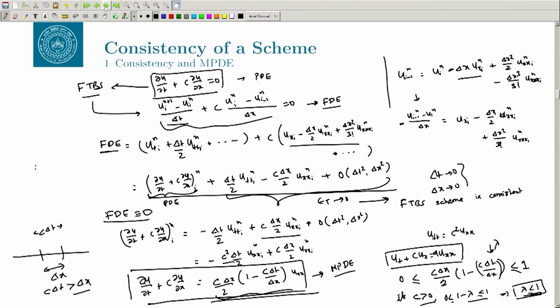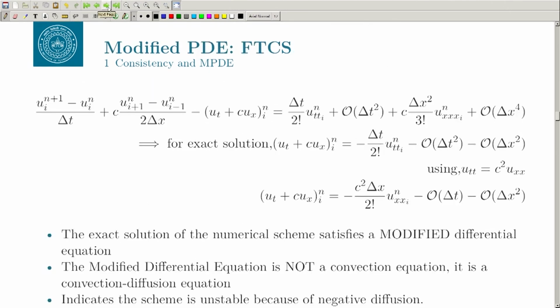So, the modified partial differential equation is basically the exact solution of the numerical scheme. It is not the exact solution of the mathematical model or the partial differential equation, but this is the exact solution of the numerical scheme, and it is different from our PDE. Okay. In this particular case, for example, it is not a convection equation, it is a convection diffusion equation, both in the case of FTCS or FTBS.